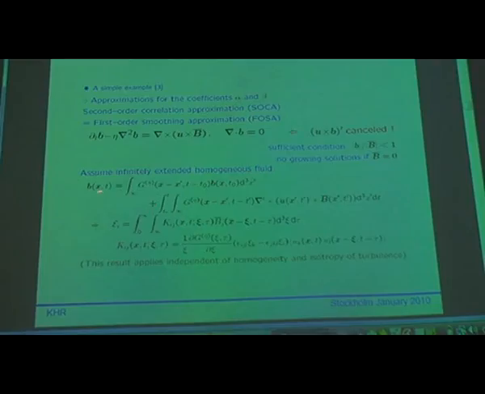If we now form u cross b with this solution, we find that the I component of u cross b can be written in this form with a kernel which contains this Green's function and the correlation of uk at x and t and ul at x minus psi, t minus tau.